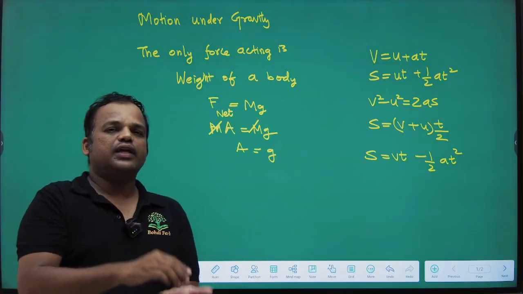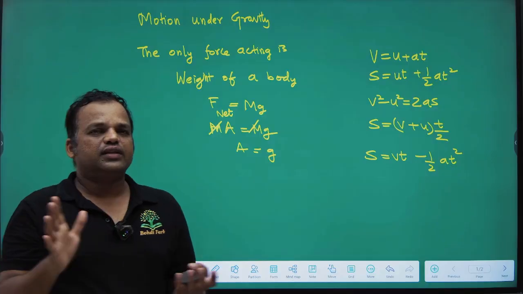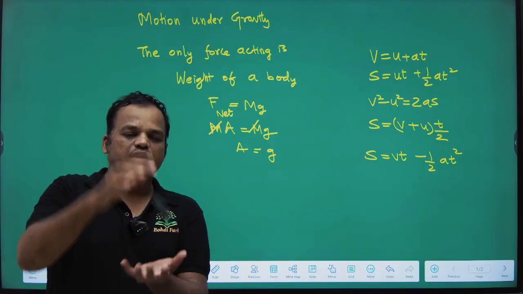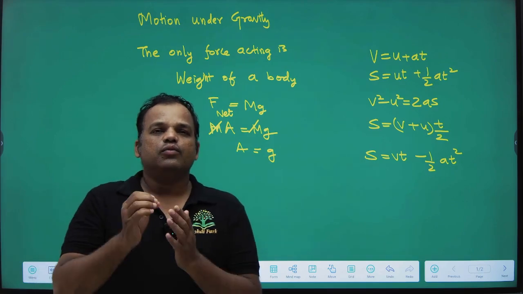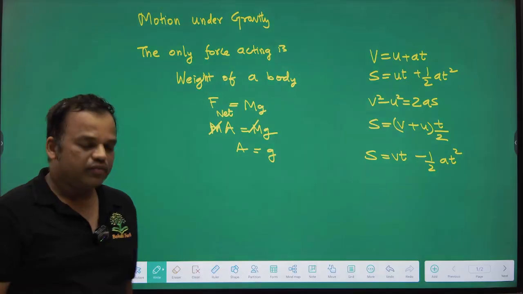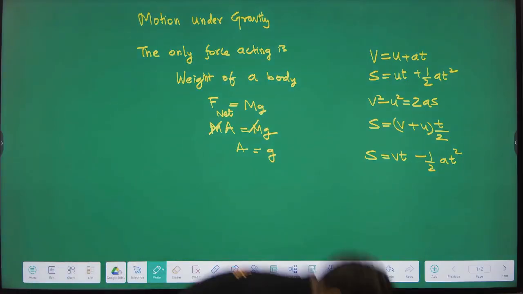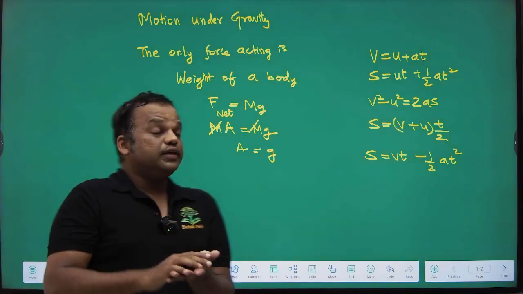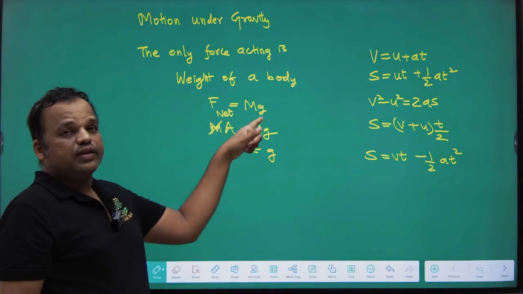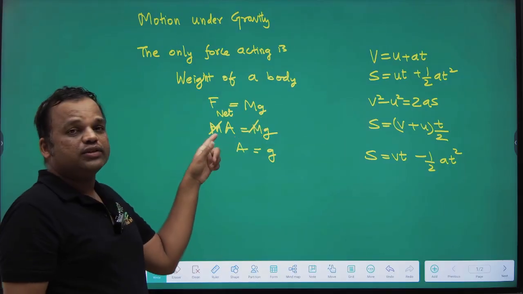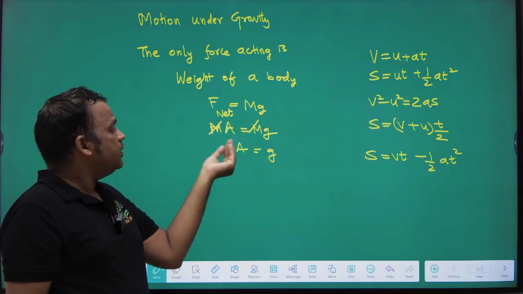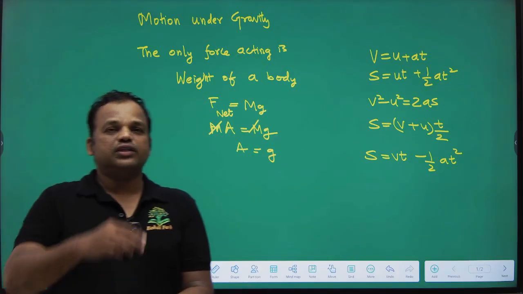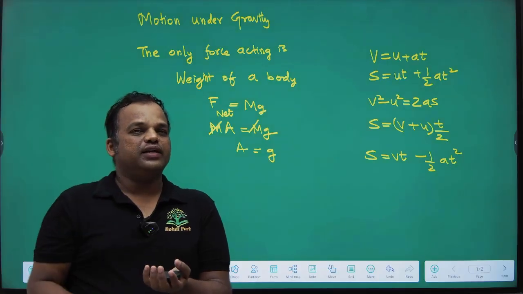If we neglect air friction, the only force acting on this falling object is weight. So the weight is acting downward, so we have force is equal to mg. We know that force is ma, so ma is equal to mg, so a is equal to g.